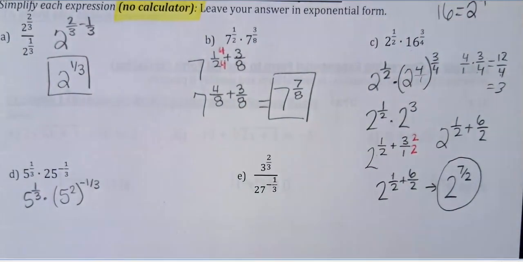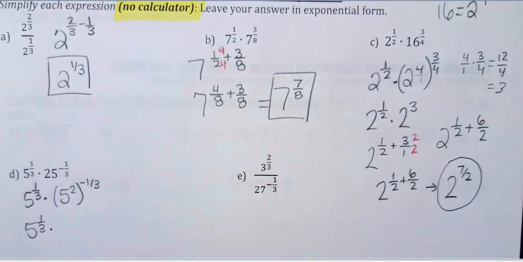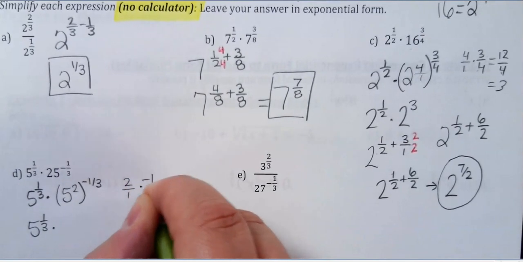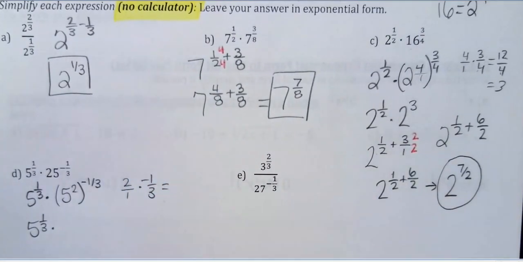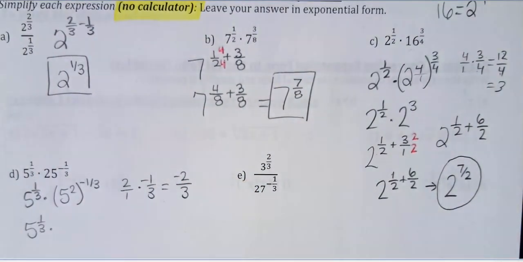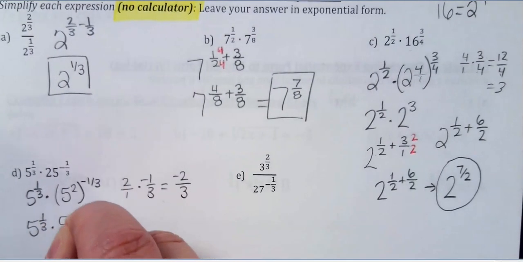Now 5 to the 1/3, that's just that first term there. I didn't change anything. If you do power to a power, you're going to multiply the exponents. So I'm taking 2 times negative 1/3. You do not need a common denominator for multiplying fractions together. So that second term will just be with an exponent of negative 2/3.